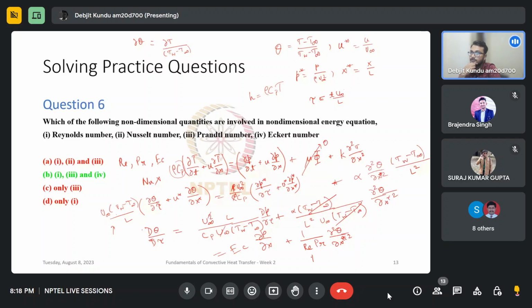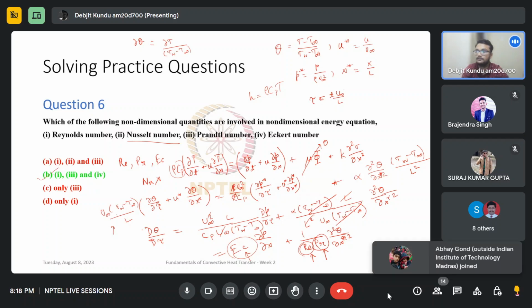So Reynolds number shows up, Prandtl number shows up, and the Eckert number shows up as well. But however, one L will also get cancelled over here. So these are the three non-dimensional numbers that show up, but Nusselt number does not. So that's why option B would be the correct answer.